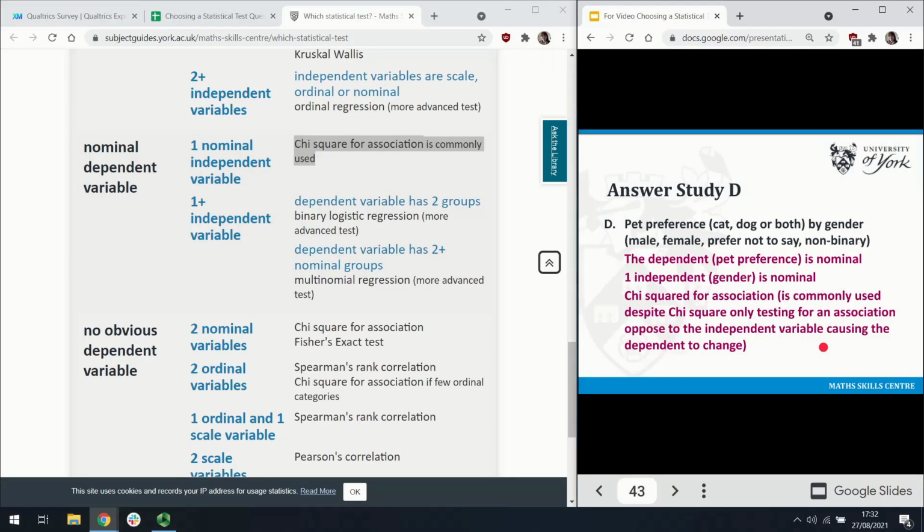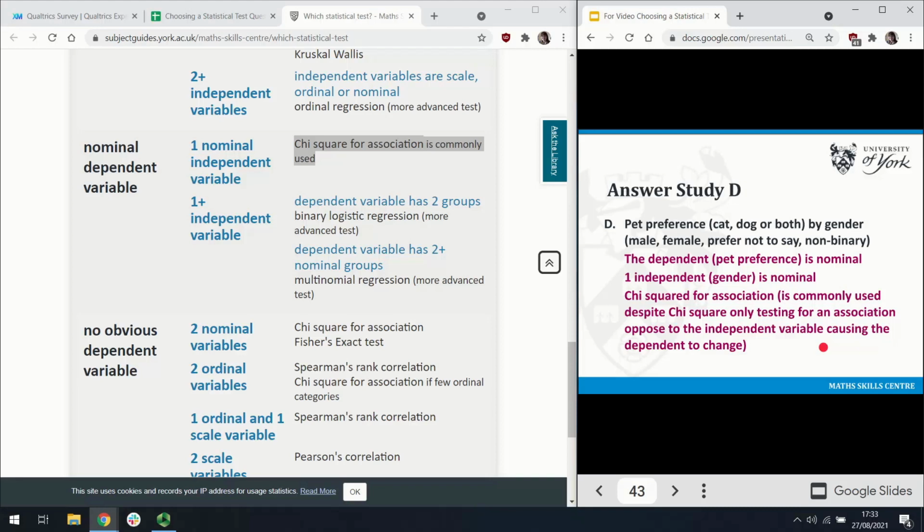But just a note on that, it's a really common test, chi-squared. Lots of people are familiar with it, lots of people have heard of it. And that's why we tend to use chi-squared in this situation where both independent and dependent variables are nominal. However, it actually only tests, and this is a bit of stats theory really, chi-squared only really tests for an association between the independent and dependent variable, i.e. it's only testing whether as one thing changes, another thing changes, as opposed to there being a cause and effect situation going on.